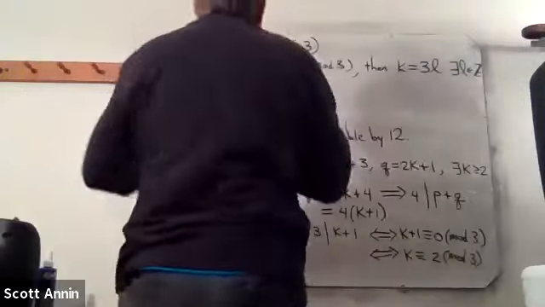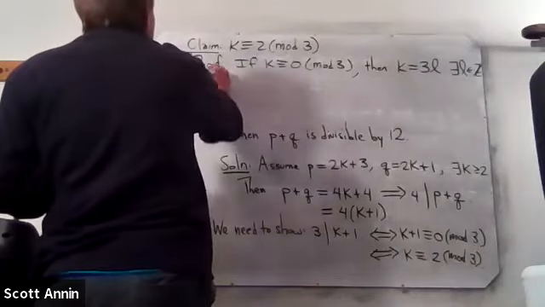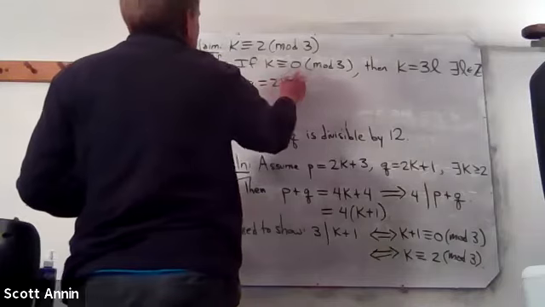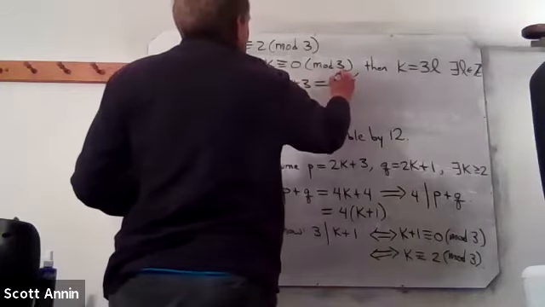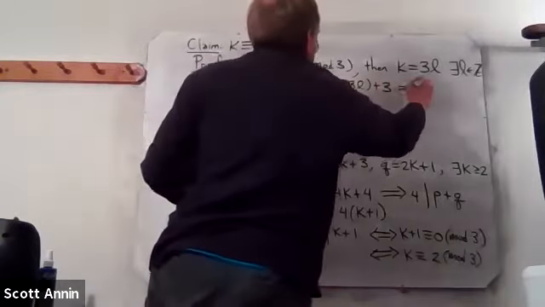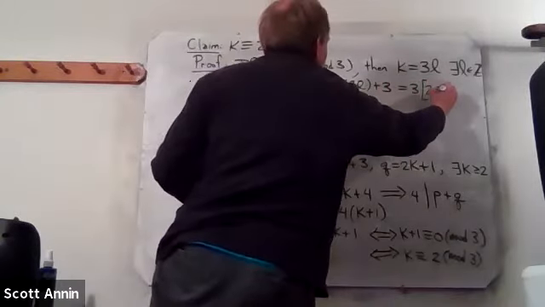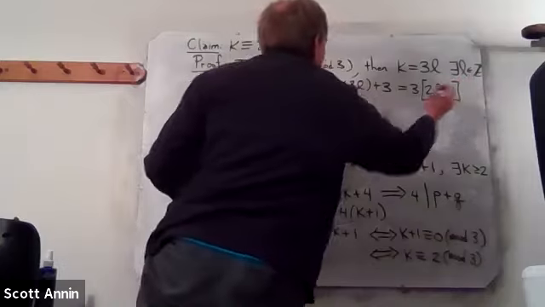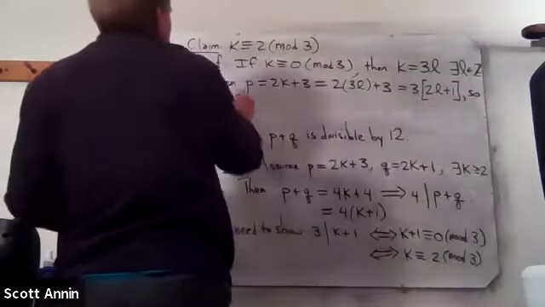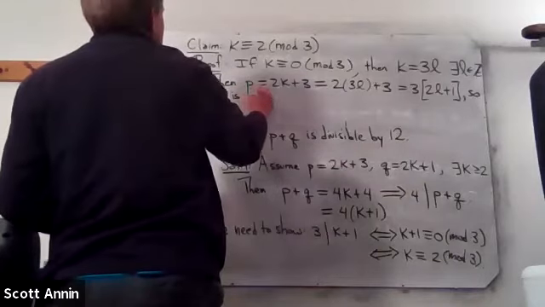So if k is equal to 3L, then p, which is 2k plus 3, would become 2 times 3L plus 3. And I'm going to pull out a 3, leaving me with 2L plus 1. And therefore, p is not prime.